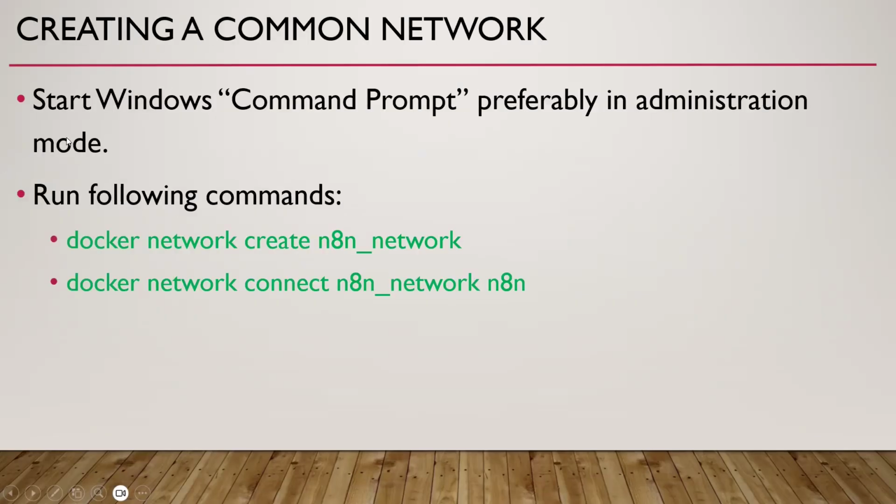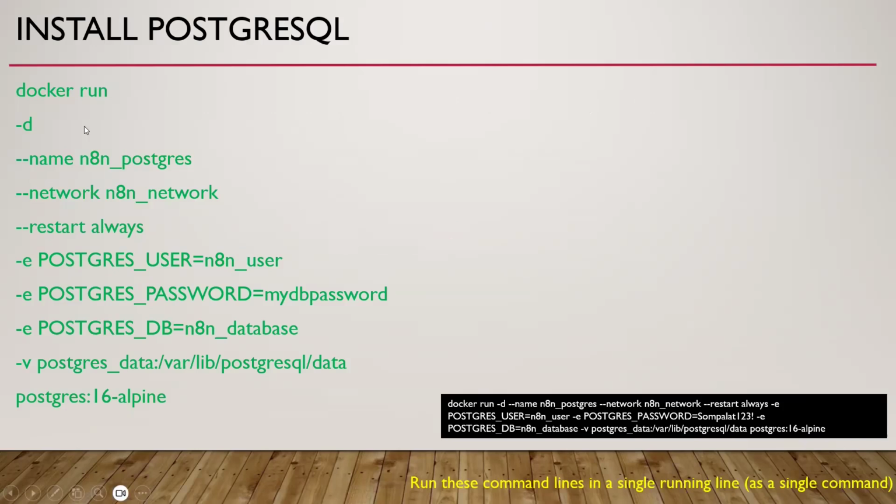First of all, we start Windows command prompt, preferably in administrator mode, and we run the following commands to create a network. This will be our common network. In this network, we will install all the containers.